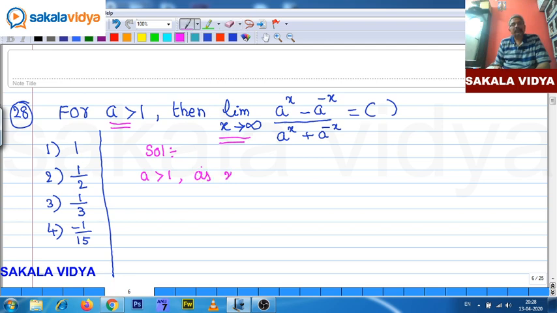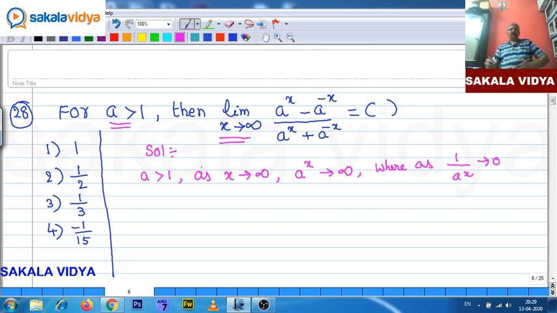As x approaches infinity, a^x also approaches infinity, whereas 1 by a^x approaches 0, that we can confirm. So better you do one thing: divide both numerator and denominator by a^x.